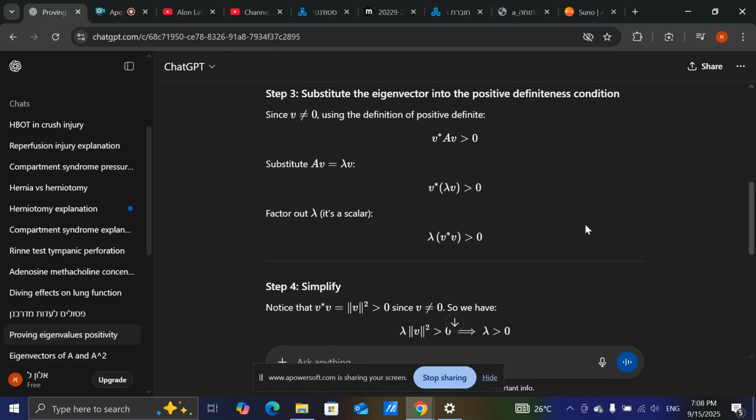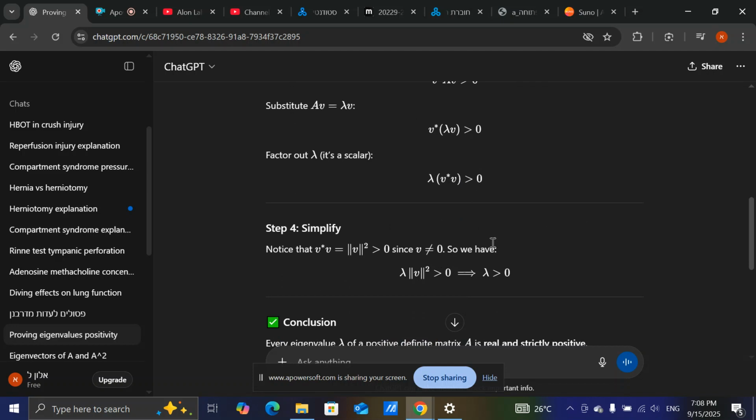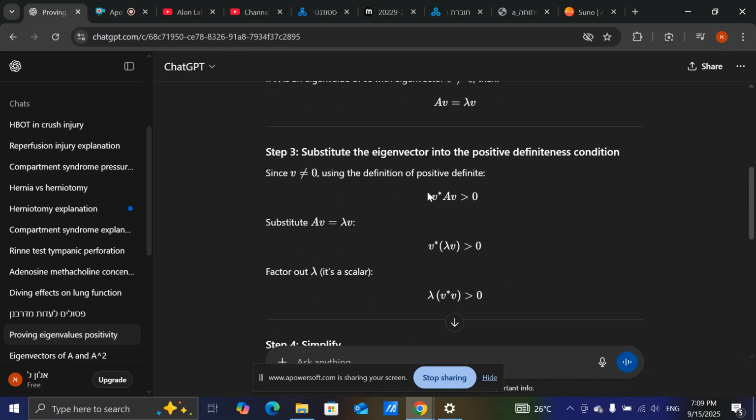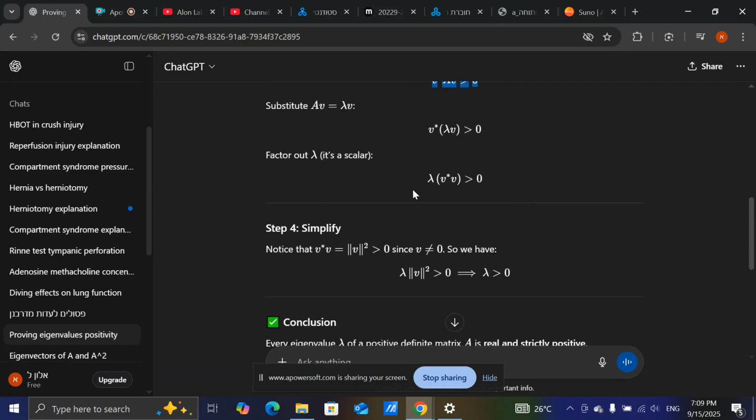The inner product between v and v is always positive, and therefore we can look at it as the squared norm of v. So all we did is go from this, which we know is positive by definition for a positive definite matrix, so this is also positive.